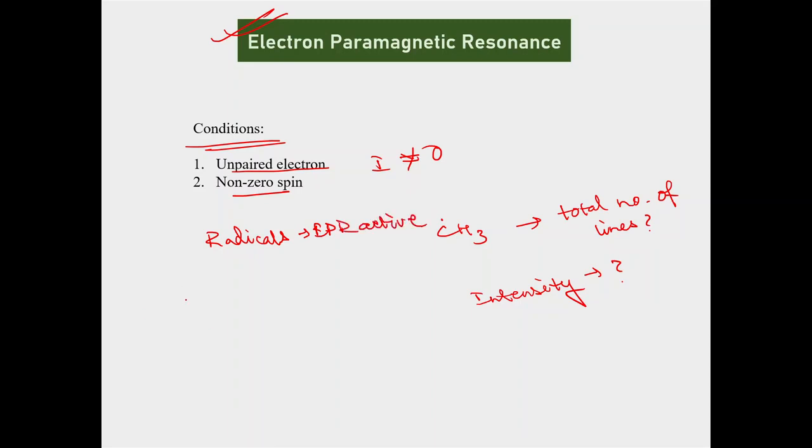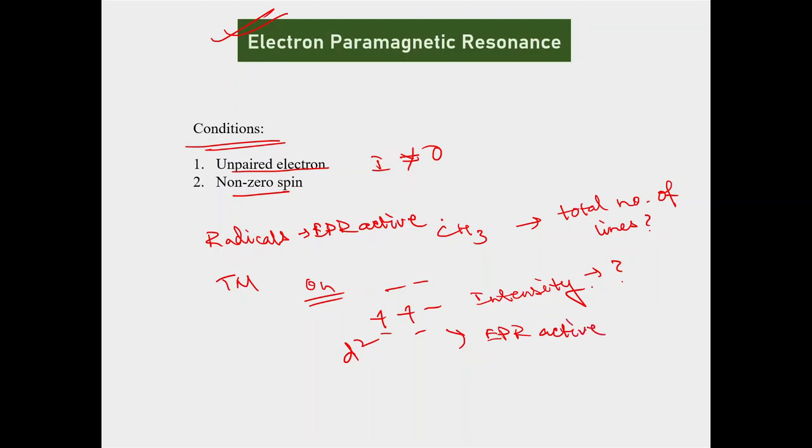Then, say, transition metals having unpaired electrons, as we see, let's say we have an octahedral complex which has a d2 system. Here we can see there are two unpaired electrons, so this complex will also be EPR active.